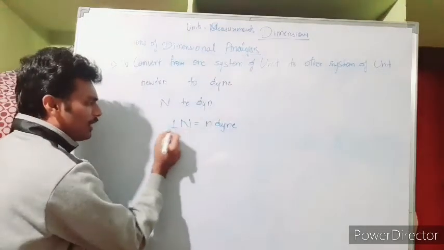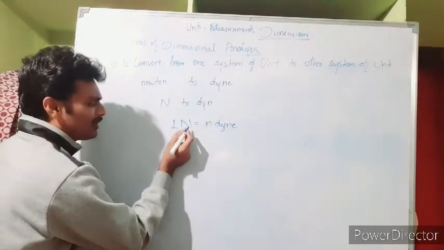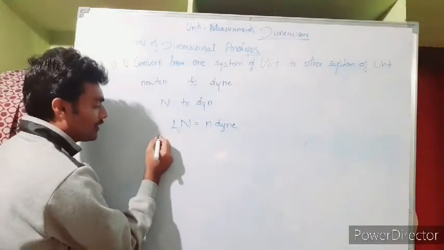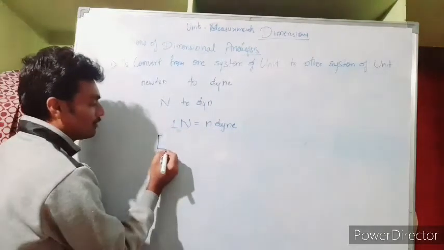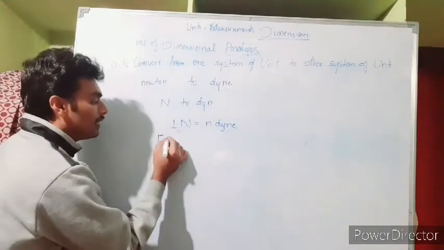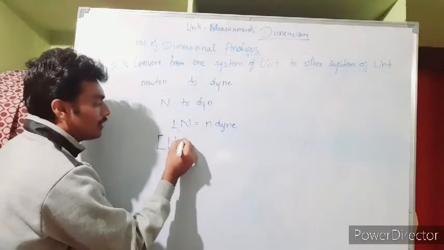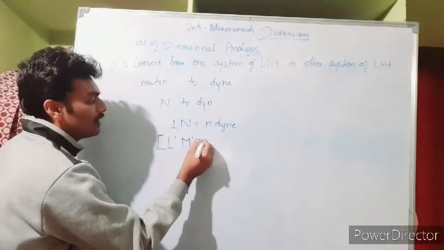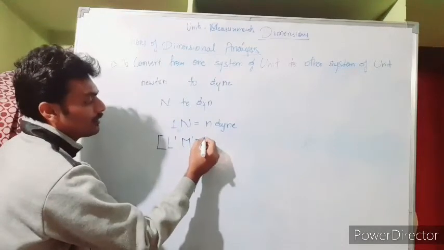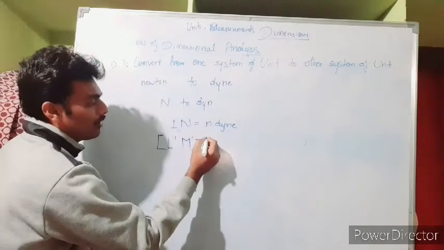So now what is the dimension of Newton? The unit Newton, dimension of force. We all saw that the dimension of force was L1 m1 t minus 2, right?